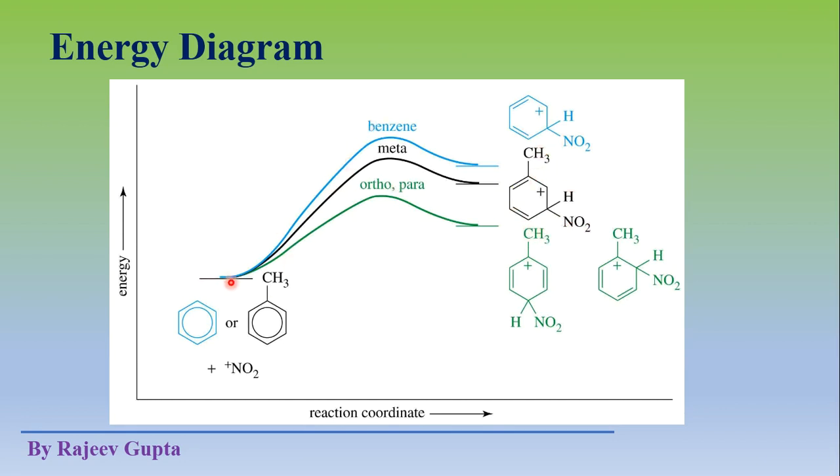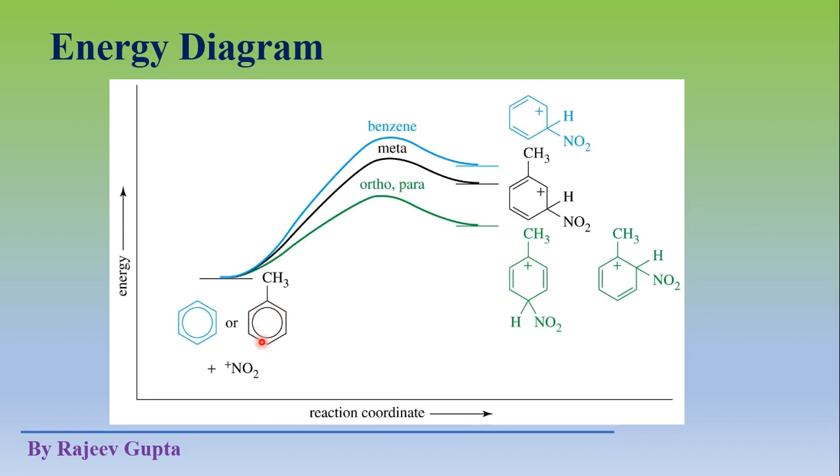Now see, another curve is shown which is related to benzene. Attack of this electrophile on benzene is again higher in energy compared to this, because toluene is more reactive compared to benzene. So addition of an electrophile on benzene requires more energy compared to toluene, because toluene makes this benzene ring more electron rich.